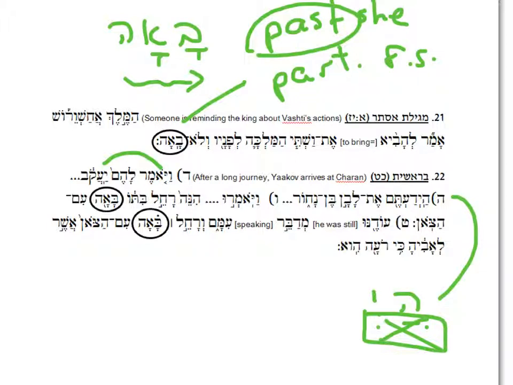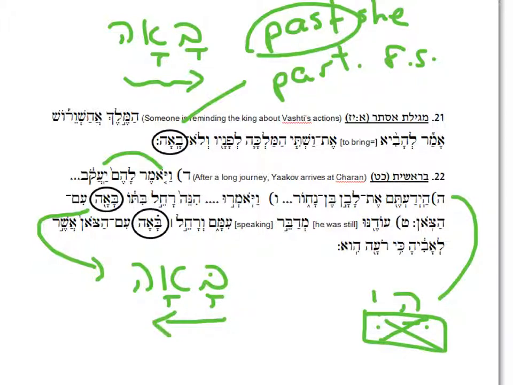Vayomru, and they said, hine Rachel bito, behold Rachel his daughter, ba'a im hatzon. So again I have ba'a, with my trup where? My trup is later in the word. So if it's later in the word, it's a participle.